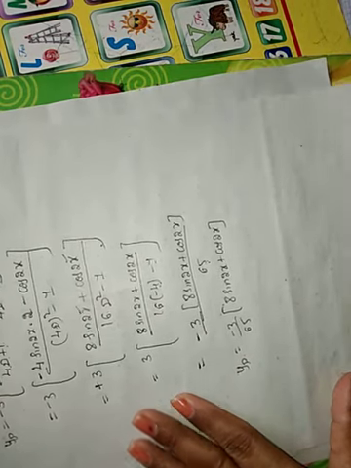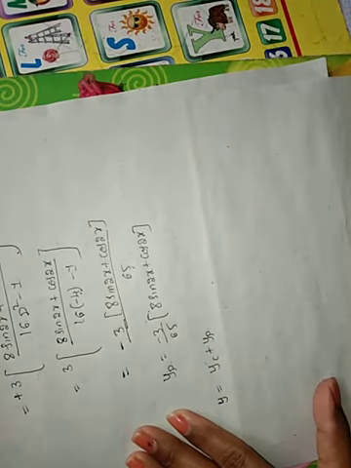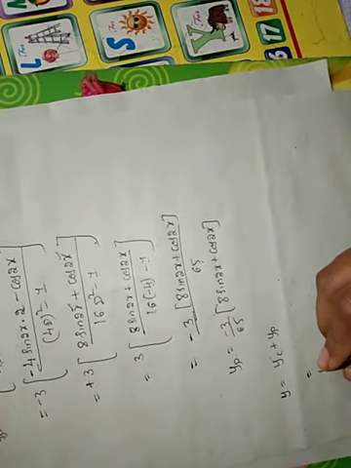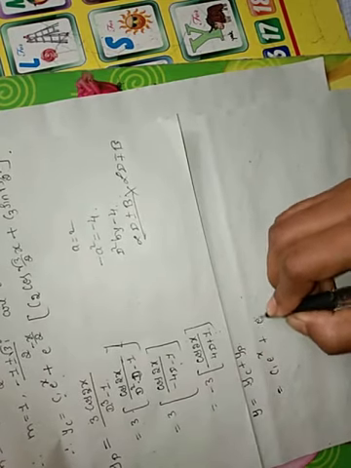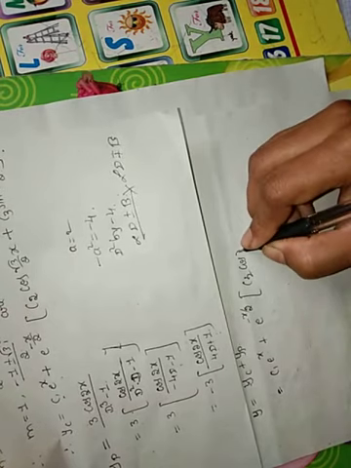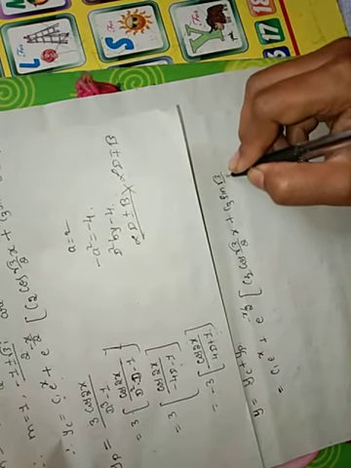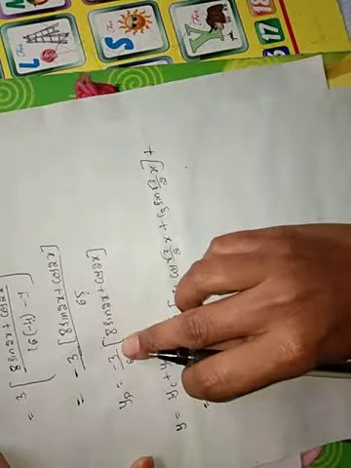So now write down the complete solution. y is equal to yc plus yp. So our yc is equal to c1 e raised to x plus e raised to minus x by 2 into bracket c2 cos of root 3 by 2 into x plus c3 sin of root 3 by 2 into x, plus the particular integral.